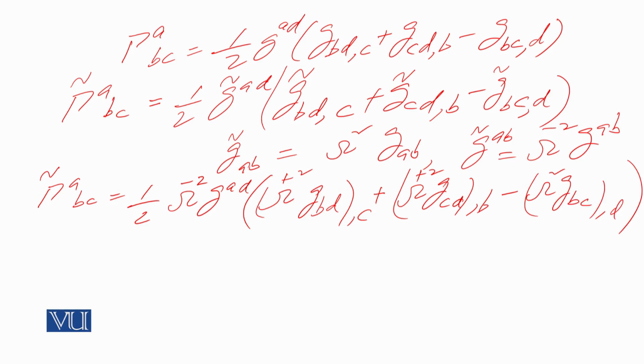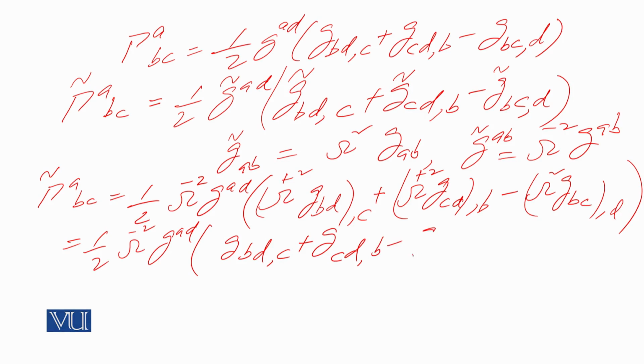Now, simplifying this, this is equal to 1/2 omega minus 2 g^AD, this will remain the same, and here you can take out omega square from all the terms, and you have g_BD,C plus g_CD,B minus g_BC,D, and you have taken the omega square outside.